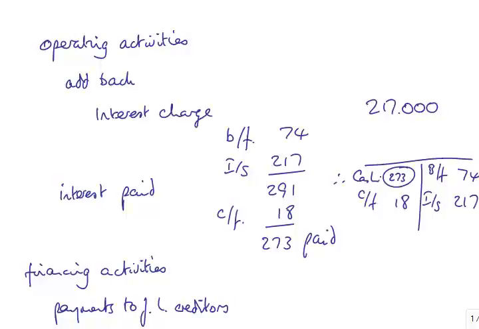And the little chant you can call to yourself is this, because it works not just with interest, it works with investment income, it works with taxation. It works in a number of situations. The little chant would be: brought forward income statement, carry forward cash. Just say it yourselves. Brought forward income statement, carry forward cash.